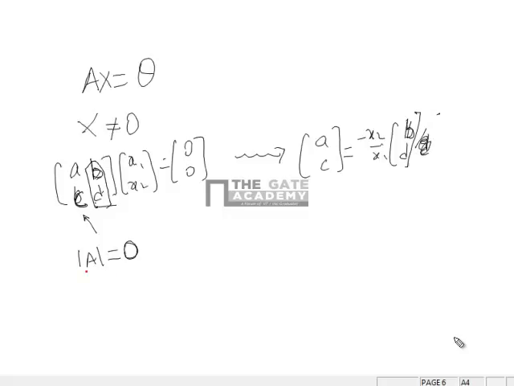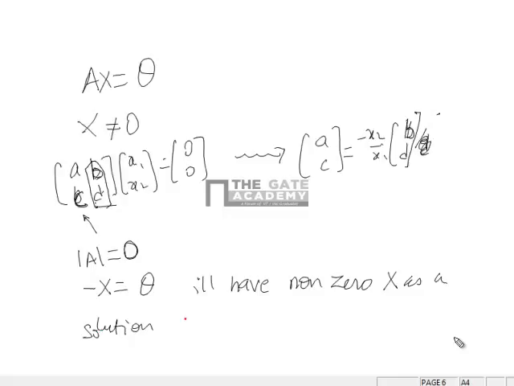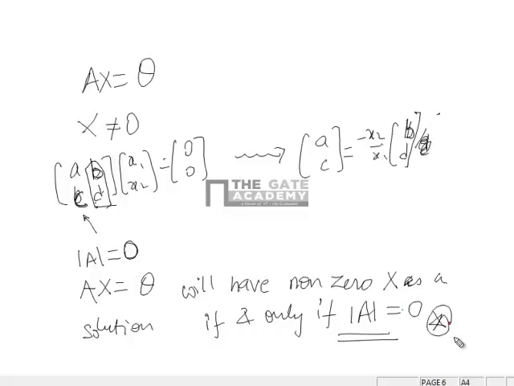So ultimately the conclusion is: AX equal to theta will have a non-zero X as a solution if and only if determinant A equal to 0. This is a very important conclusion.